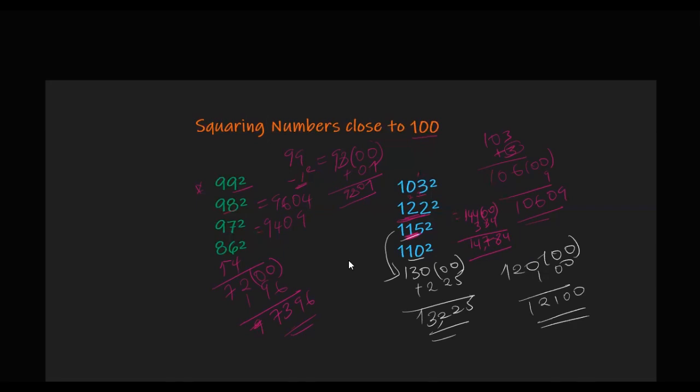The more you do this mathematics, the more you play with these numbers, the more you get so conversant with the numbers, and the mathematics will always come into your mind automatically. You don't have to do anything. So this for me is a nice way of squaring numbers close to 100, and you can always use this method to do your calculation.